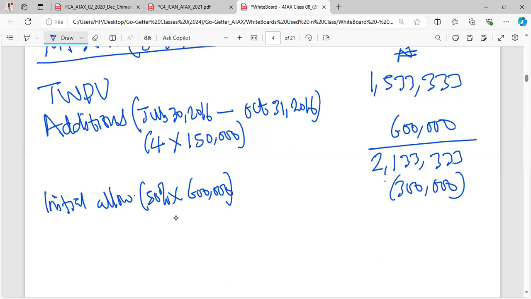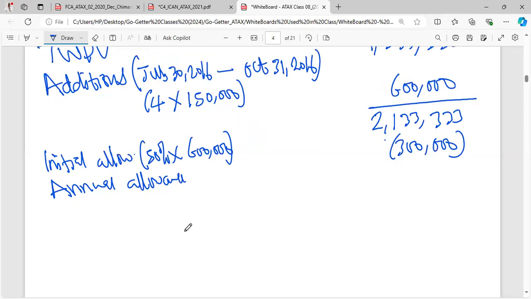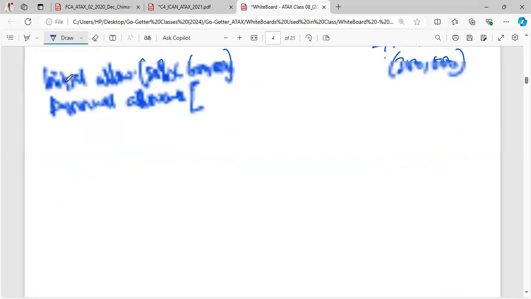That's your initial allowance. Now the annual allowance. So you start for 20, which year is this? 2018.